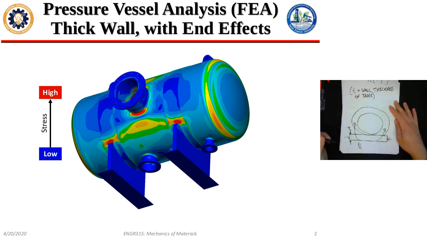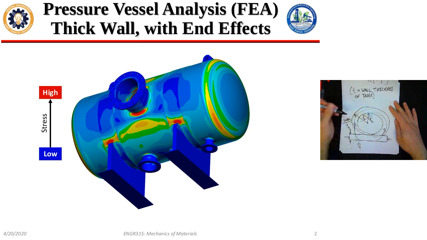So what I'm saying is that if I have a thin wall vessel, which would be like this, that'd be like the wall of my pressure vessel. If t is small, then I don't need to go to the extremes of finding what my outer radius and my inner radius are.